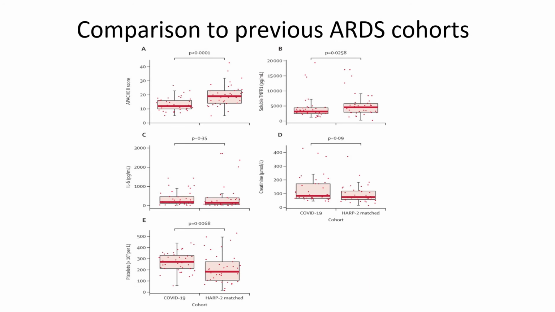When comparing previous ARDS cohorts with our COVID-19 patients, we found significantly lower APACHE II scores in the COVID-19 group, significantly lower soluble TNF receptor 1 levels, very similar IL-6 levels, similar creatinine levels, and significantly higher platelet count in the COVID-19 group.